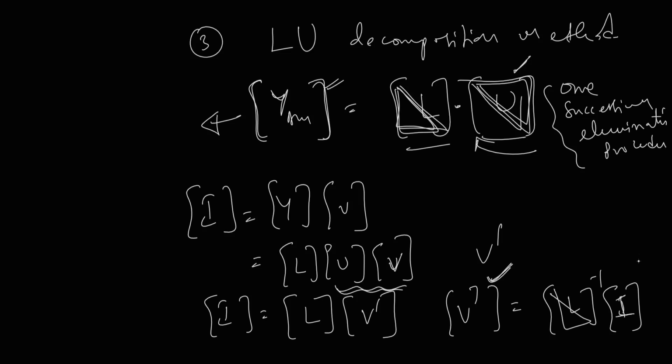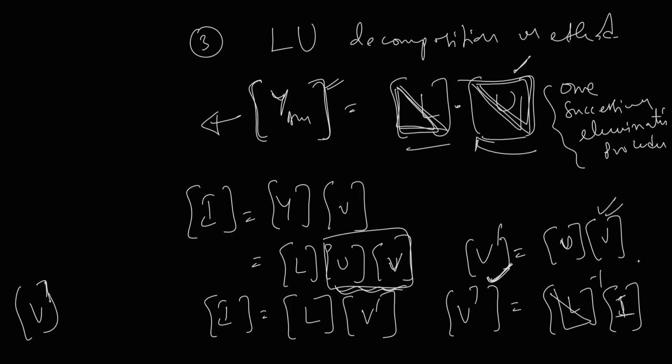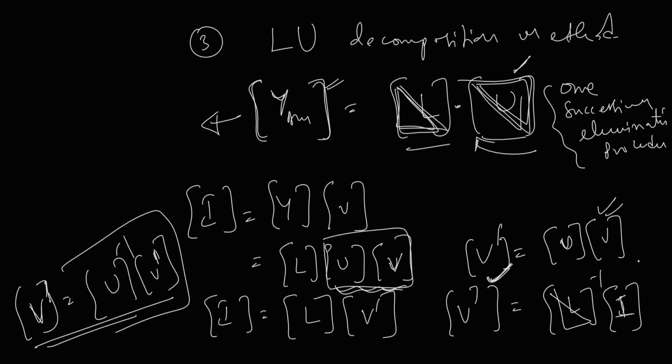Once you have the solution for V prime, now what is V prime? V prime is equal to U into V. Now I want V, so take the inverse of U and multiply with V prime. So V is equal to U inverse V prime. Okay, V prime is already calculated, so multiply this matrix and vector, and you get the final vector of the bus voltages.